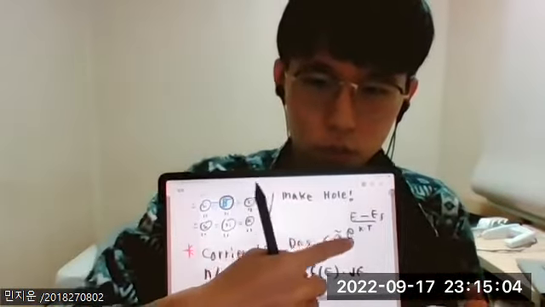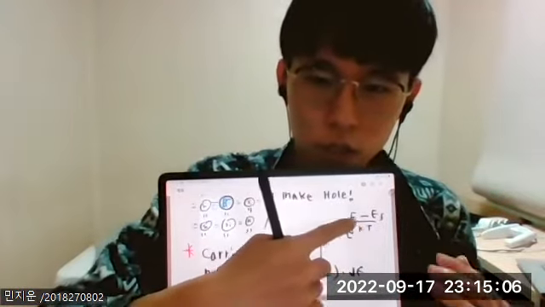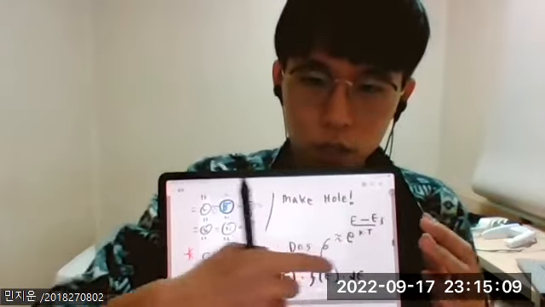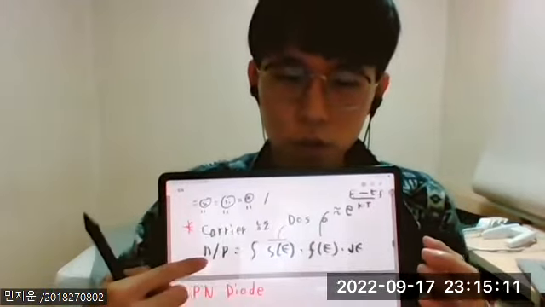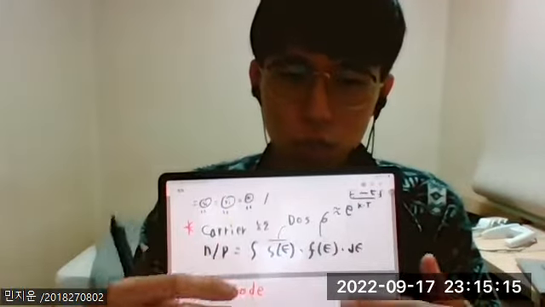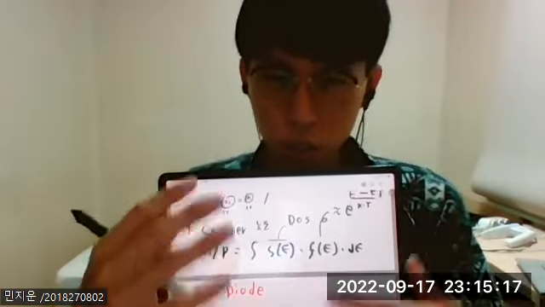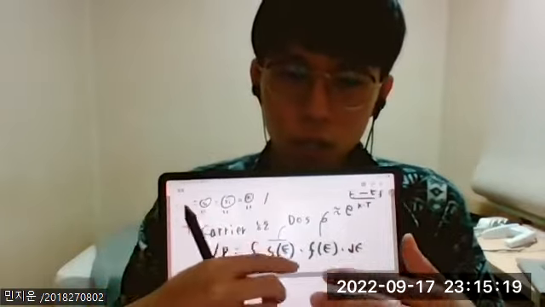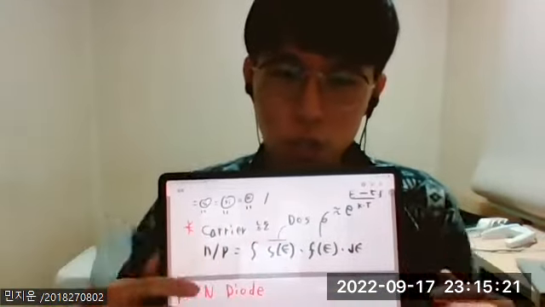So you can see this temperature and energy level. The carrier concentration is simply the product of the density of state function and the Fermi-Dirac probability function.